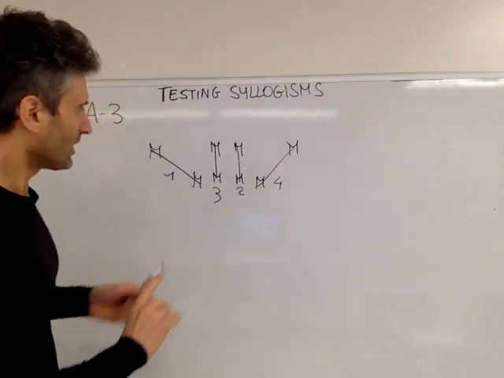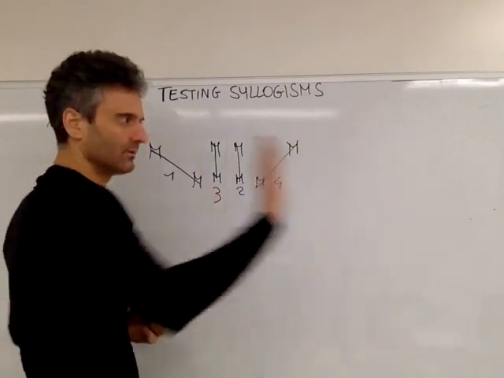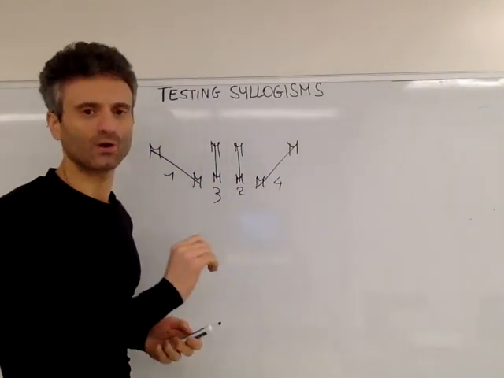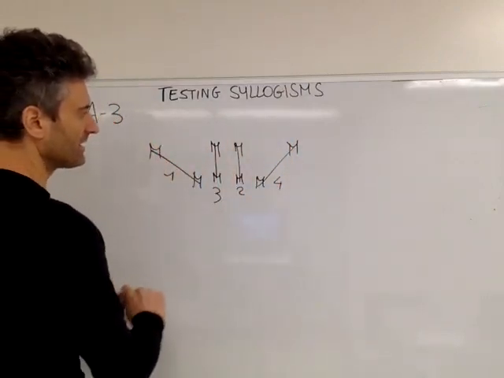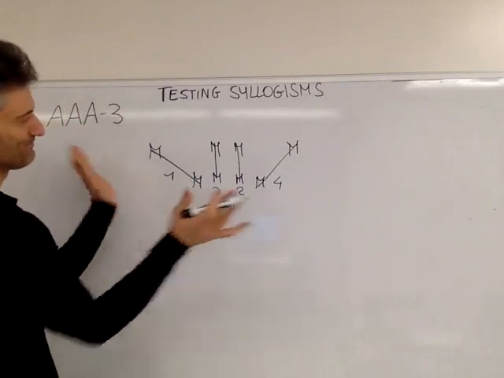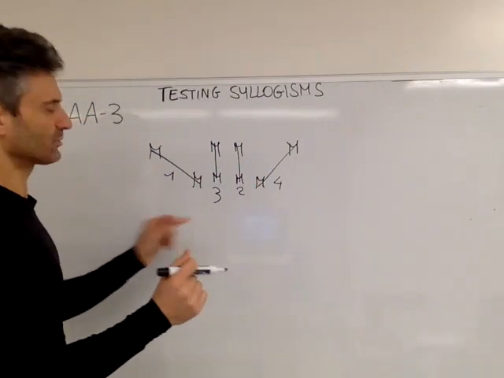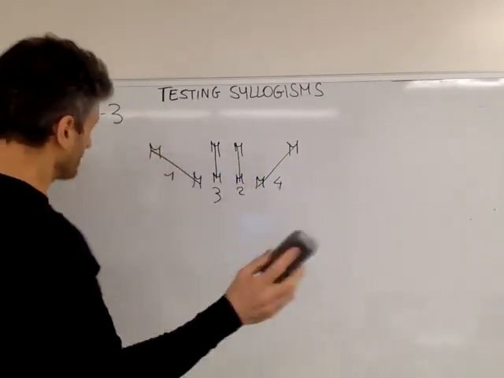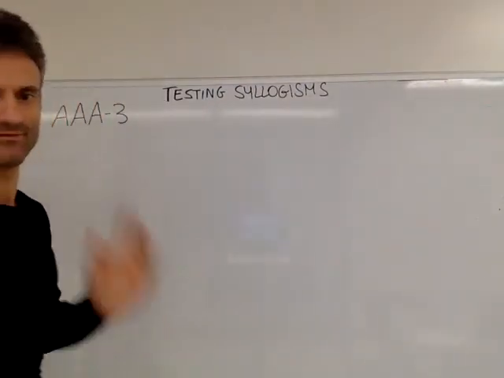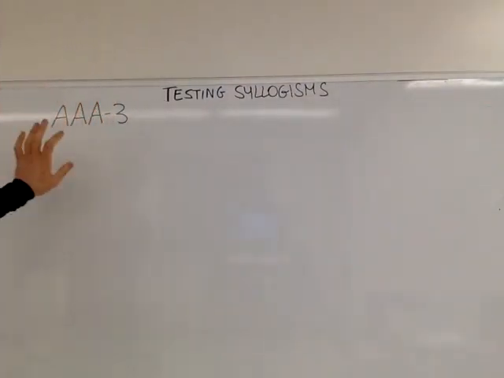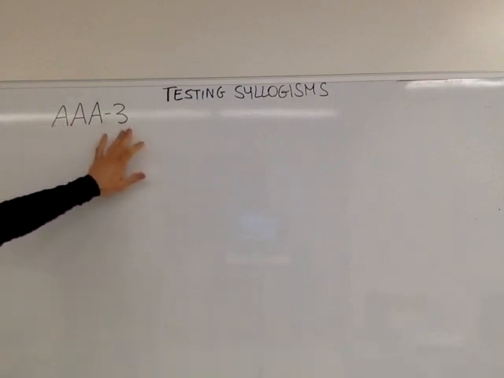Okay, so the second figure is middle term, all pushed down to the right, and then you come back all the way to the left for figure 3, and then figure 4 is the opposite, okay, the negative of figure 1. Okay, but once again, you should remember this. Okay, finally, let's test this syllogism, the AAA number 3.